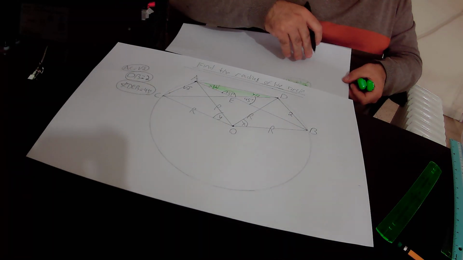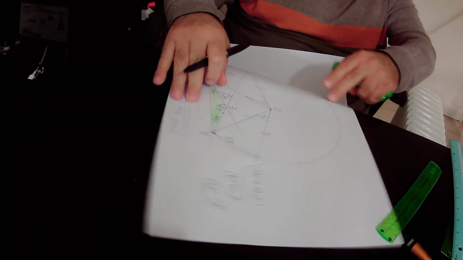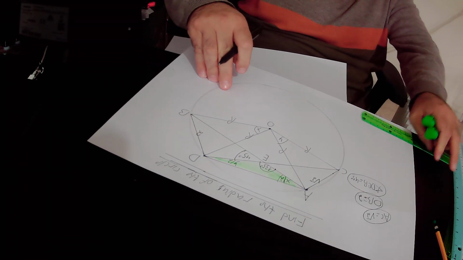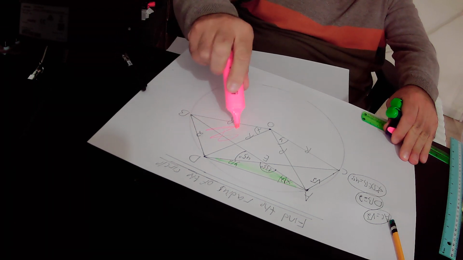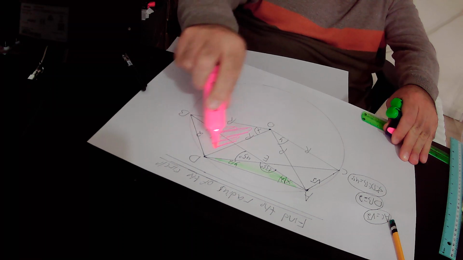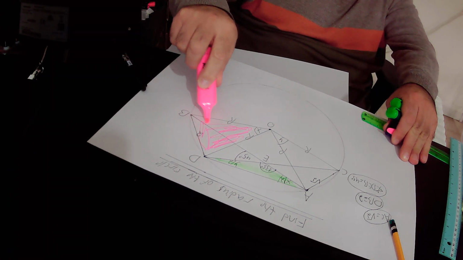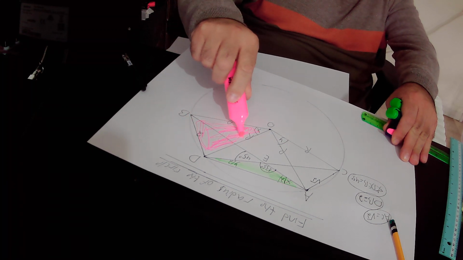In the next step, we will implement the law of cosines on the pink triangle DOB.